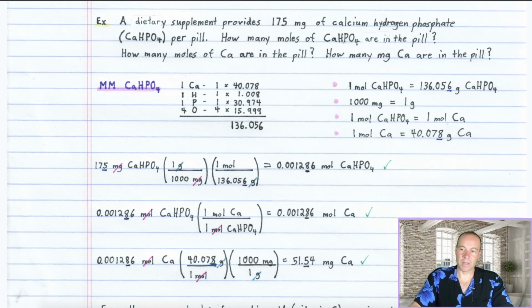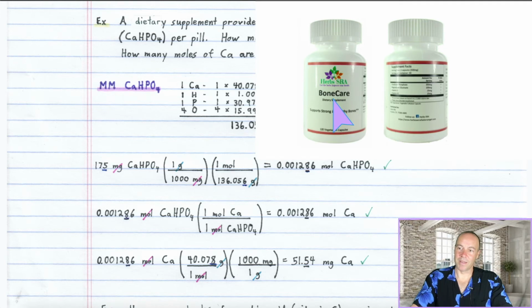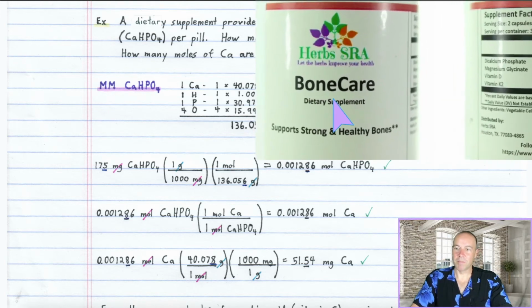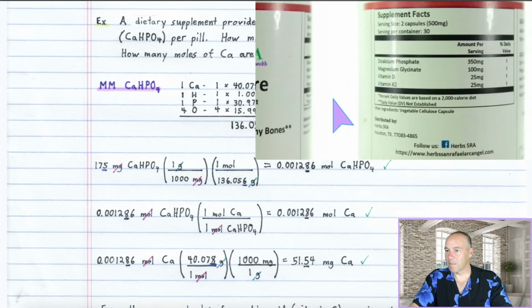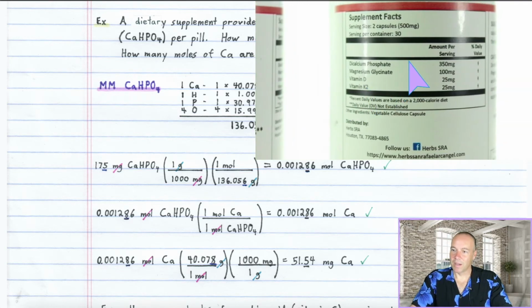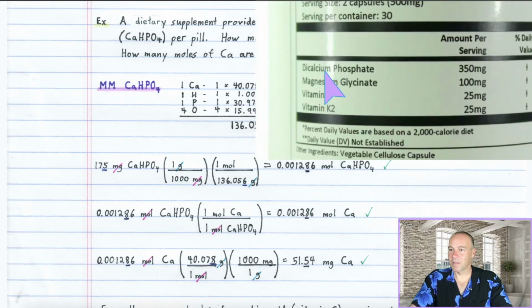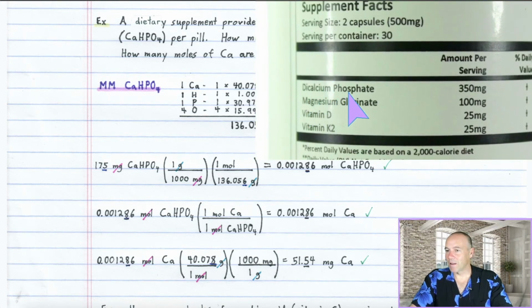I'll show you a picture of this supplement here. There you go. It's called Bone Care because it contains calcium and phosphorus, which are good for your bones. And looking at the back label, you see, along with some other things, dicalcium phosphate.